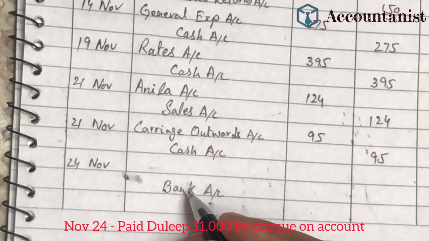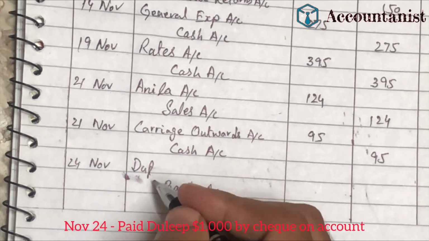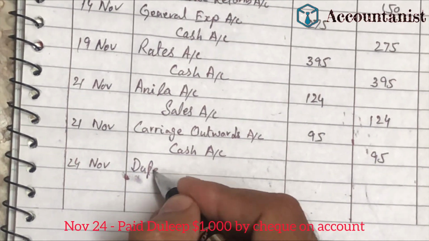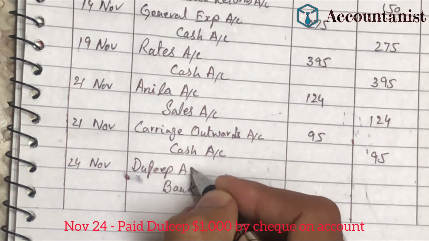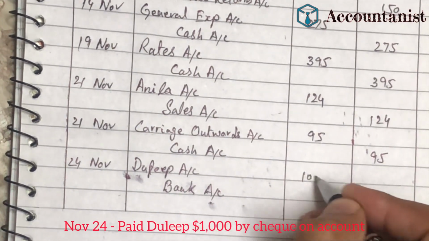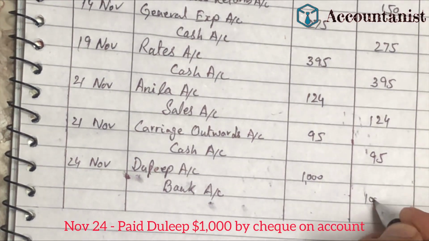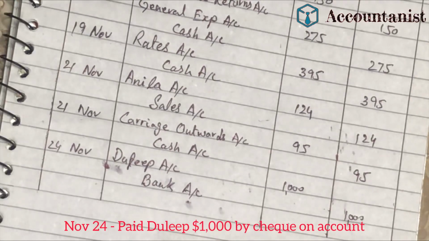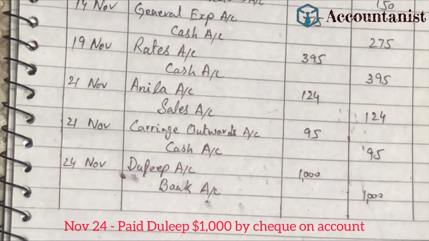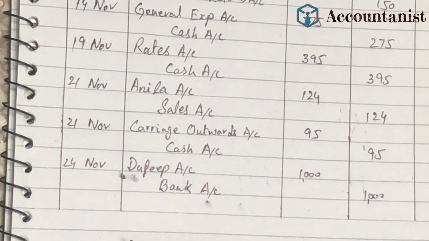So we'll write on the credit side, and the person that we make payment to we will write on the debit side. So Tulip account is going to be debited with the amount of 1,000, because the liability is going to be reduced, which means we have to write it down on the debit side.